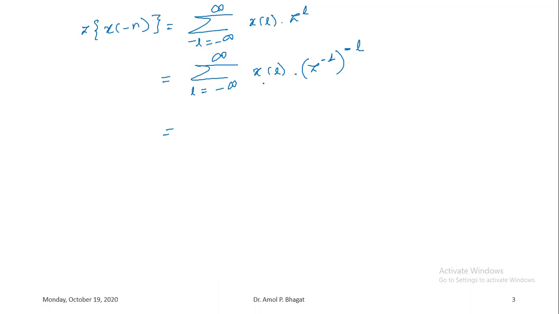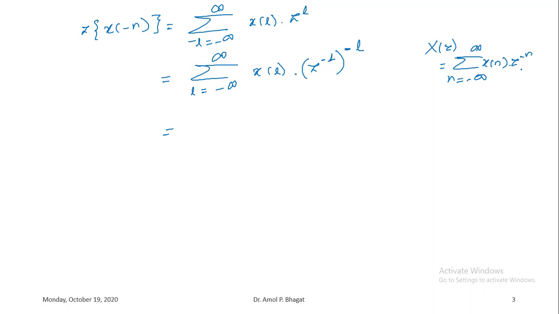If you compare this with the Z transform formula, what is the formula for the Z transform? X of Z equals summation n equals minus infinity to infinity x of n into Z to the power minus n. Comparing, in place of n there is the variable l. The rest of the things are the same, that is, the limits still vary from minus infinity to infinity. It is x of l, like x of n, with l in place of n, and in Z to the power minus n, in place of Z there is only Z inverse.